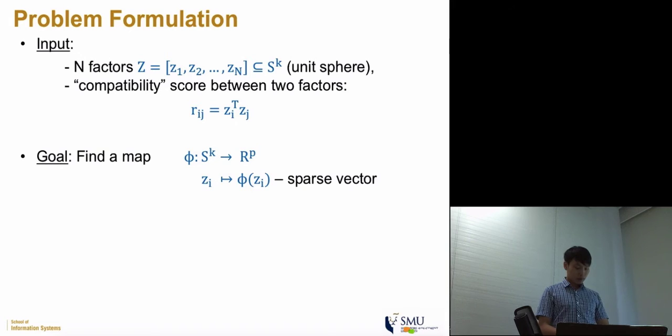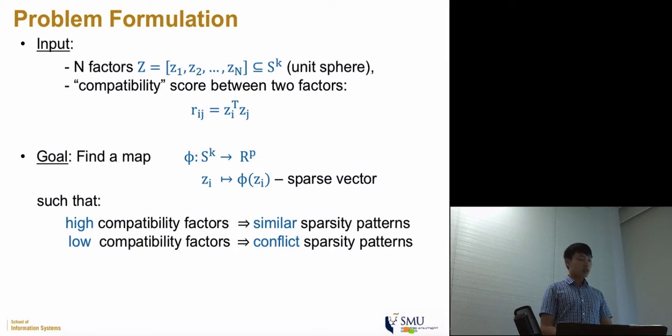So the goal is to find a mapping function from the unit sphere to a higher dimensional space, so that you map one dense factor to a sparse vector in higher dimensional space. This mapping should satisfy two properties. First property is highly compatible factors will have similar sparsity patterns, and low compatible factors should have conflicting sparsity patterns.